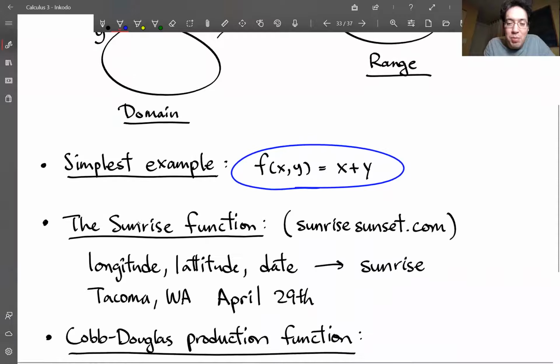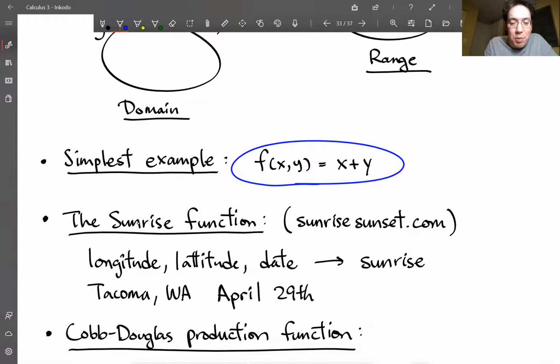Okay. So a more practical example of a multivariable function is the sunrise function. Like, what time does the sun rise today, for example? That depends on where you are and when it is, right?